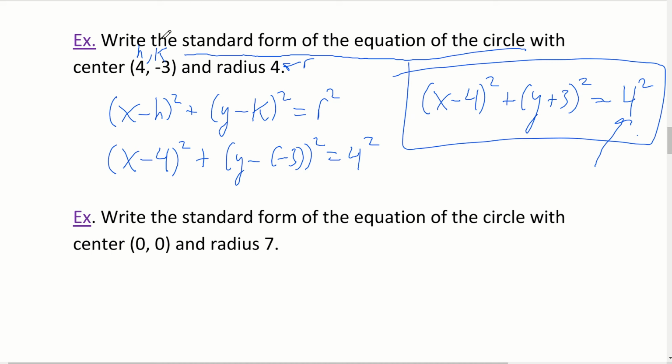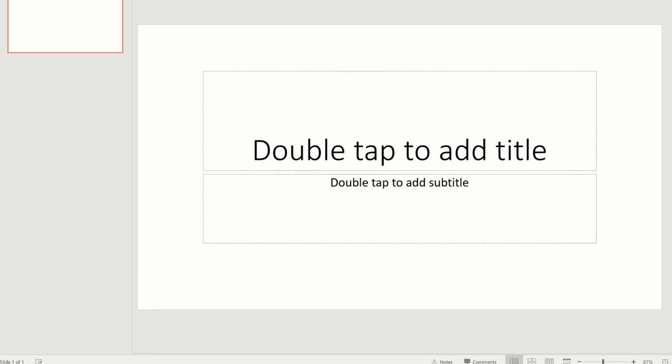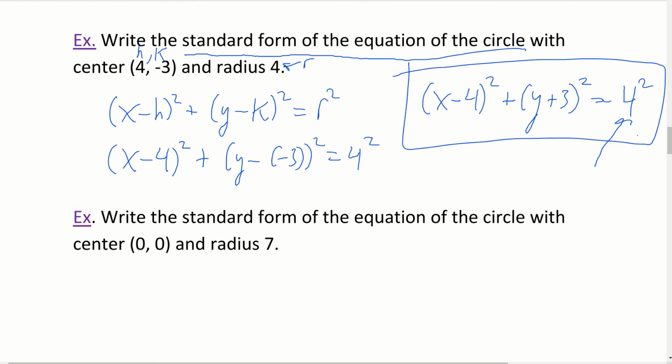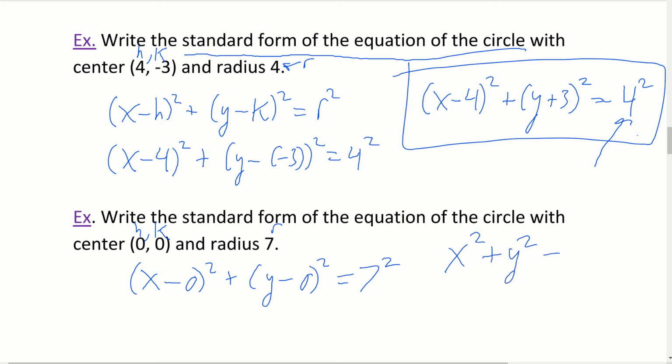Let's do another one of these. Write the standard form of the equation of a circle with center 0, 0, and radius 7. So this is going to be x minus h squared plus y minus k squared is going to be equal to 7 squared. x minus 0 is still x, so we're going to get x squared plus y minus 0 is just y squared equals 7 squared.